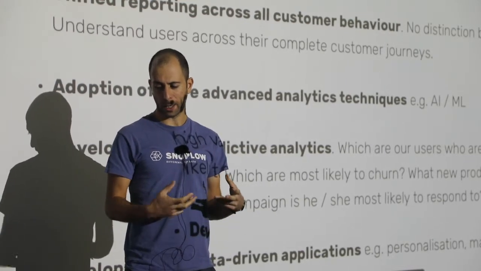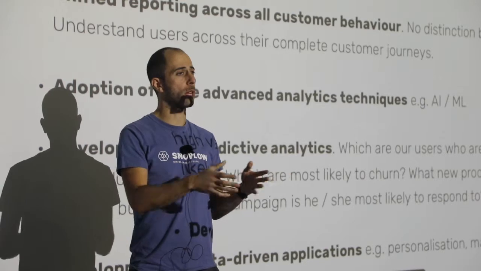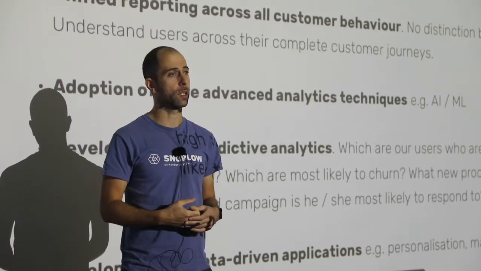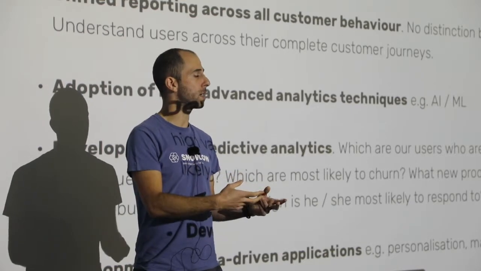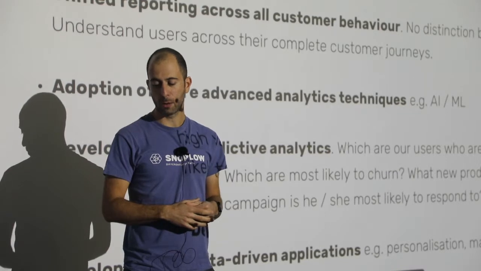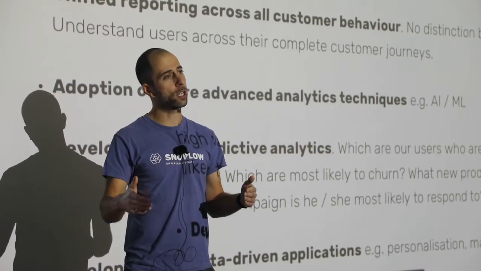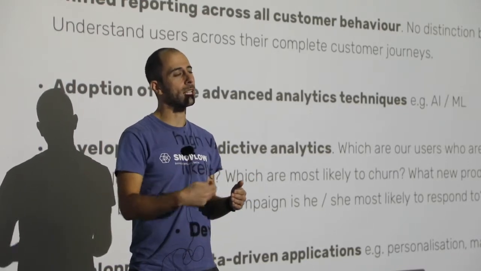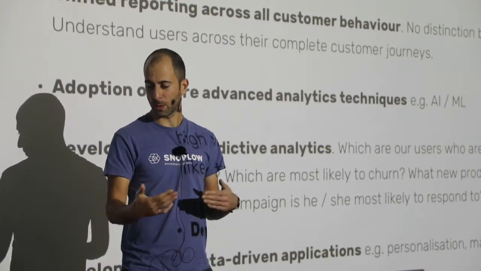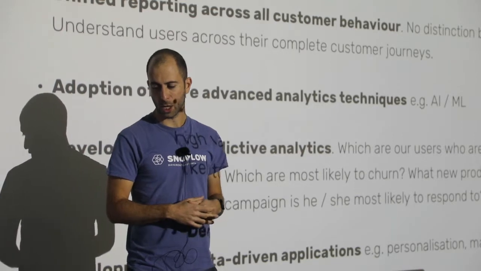So asking questions like, which are the users that we've just acquired who are most likely to develop into high-value users? What are the sets of actions we can take that best encourage them to become higher value? Which are the users that are most likely to churn, and at what stage in their user journey do we want to intervene in that journey to have maximum impact on their likelihood to churn?